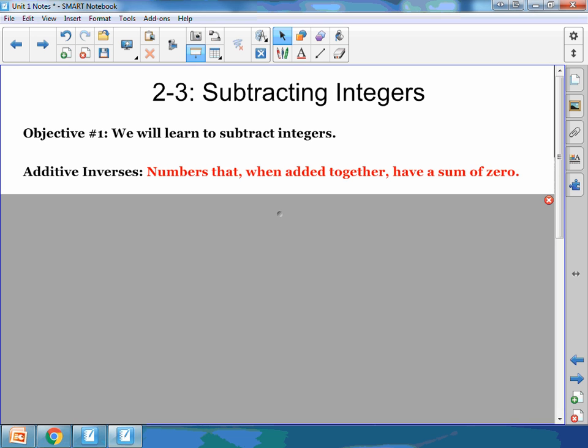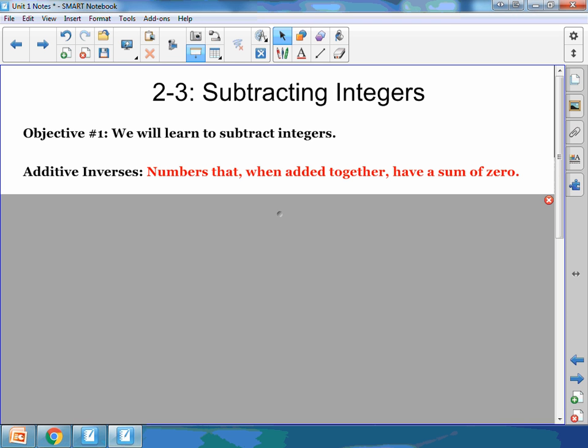We talked about inverses a couple of weeks ago, and we talked about inverses being like opposites of one another. So when we talk about two numbers that are additive inverses, that means we're essentially adding opposites together. And when we add opposites together, the result is going to be 0.